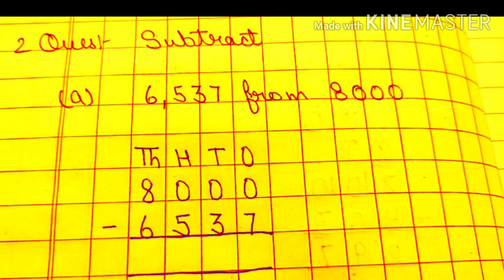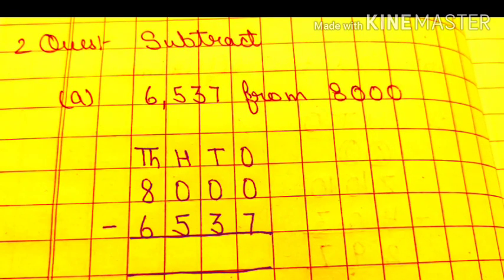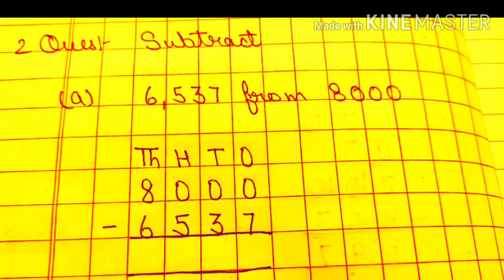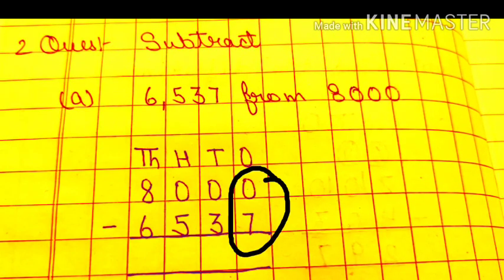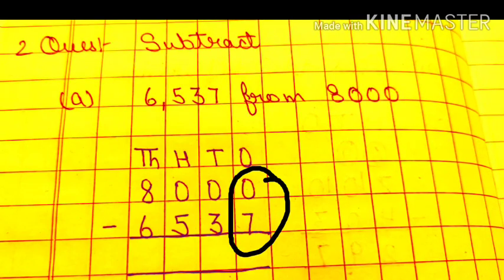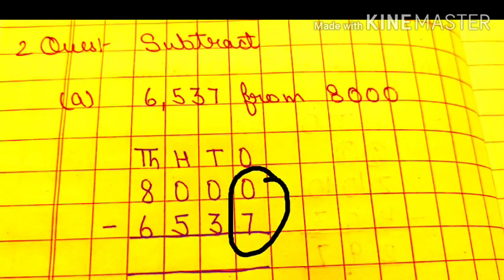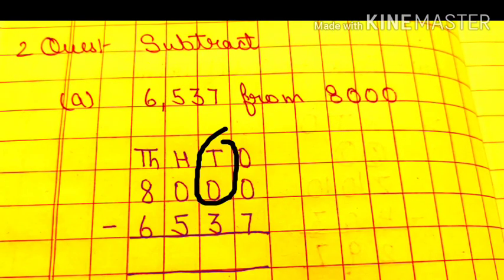So now everybody knows that we have to start from ones place. On a ones place we have 0 on the top and 7 on the bottom. So 0 is smaller than 7. So what will ones do now? Ones will go to tens place.